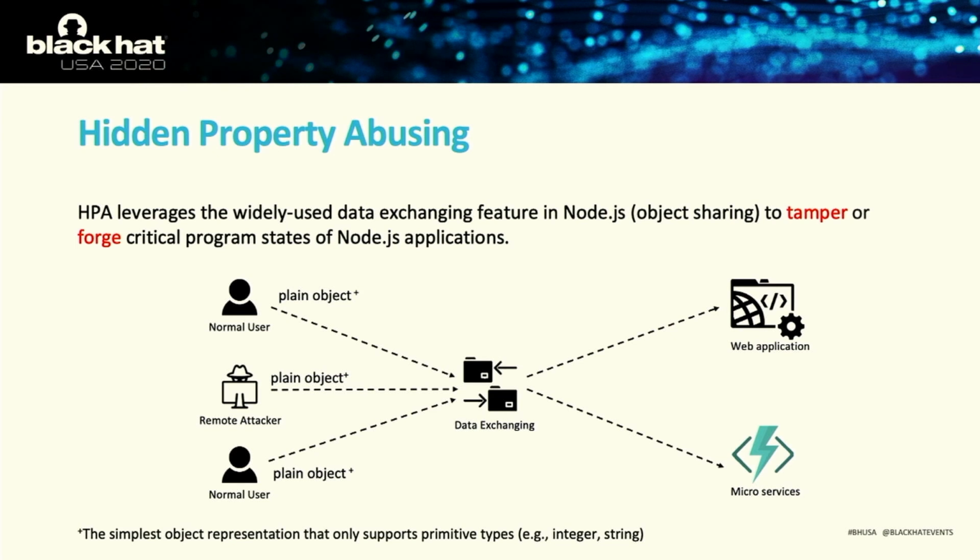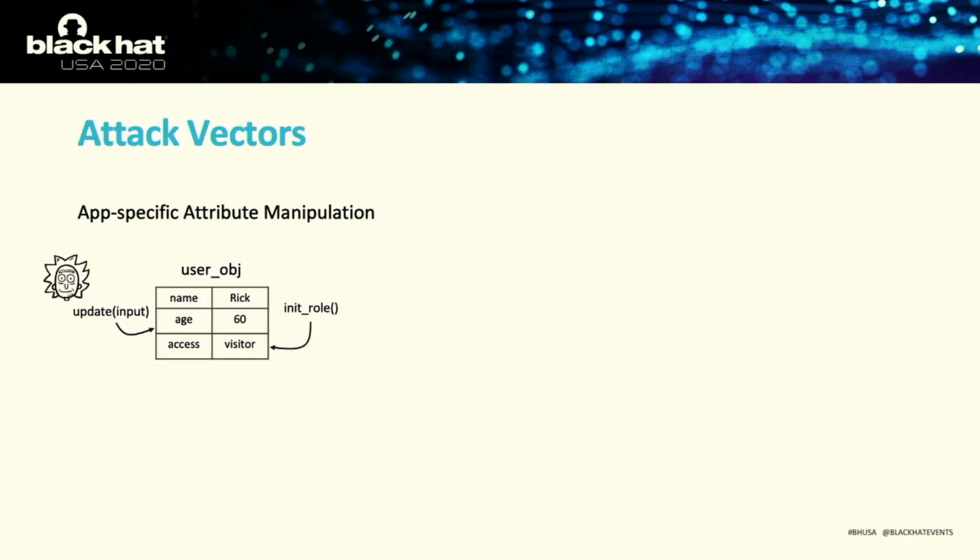In most cases, the payload should be in plain objects, which is the simplest object representation, which only supports the primitive types. We have these restrictions because the plain object type is the most widely supported object type in Node.js object sharing.